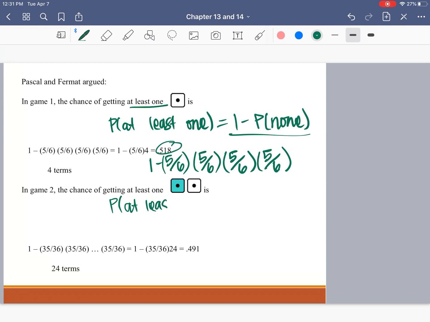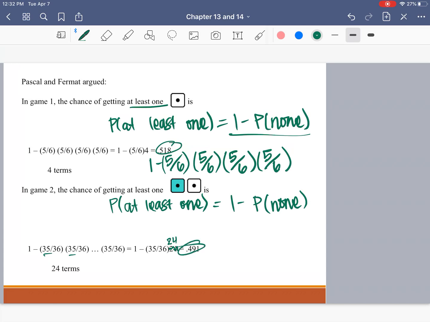Versus the second one, we're looking at the probability of at least one snake eye, which is equal to 1 minus the probability of none, or no snake eyes happening, which has a 35 out of 36 chance of happening on all 24 pairs.